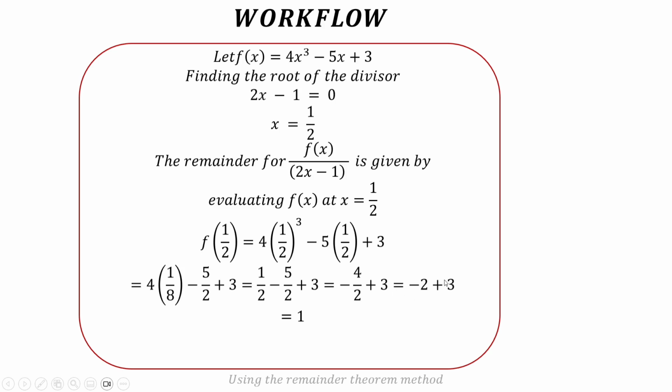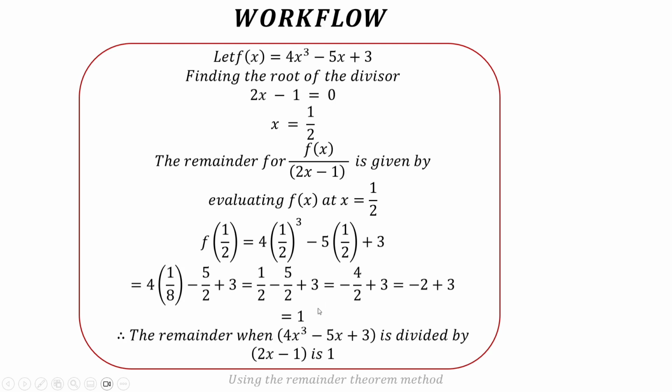But if it's a theory exam, you can probably use one or two of these steps, and then eventually get your 1 as your final answer. So the remainder when 4x cubed minus 5x plus 3 is divided by 2x minus 1 is 1. So 1 is our final answer for this question. So this is how the remainder theorem works.